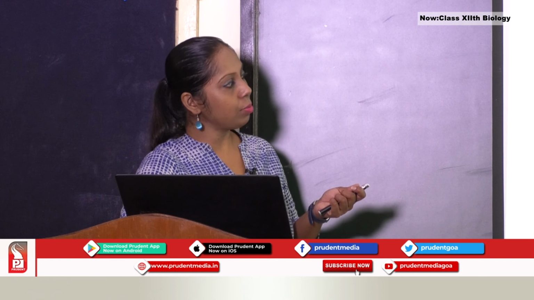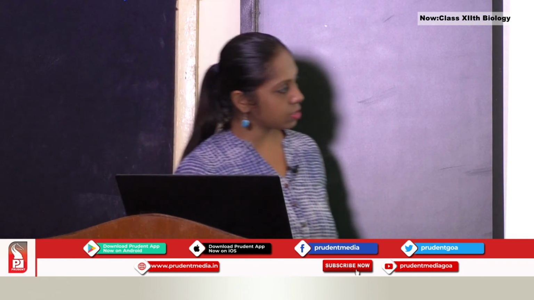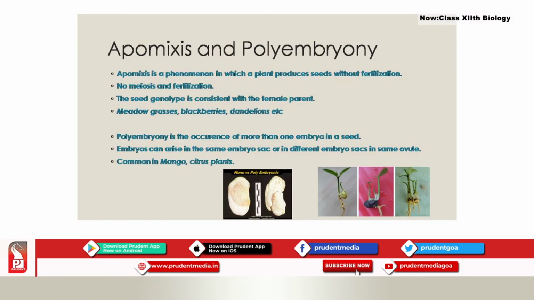And what is polyembryony? As you can see over here, this is a mango seed where you have a single embryo inside it, and here you have another mango seed which has 2 embryos inside it. So usually 1 seed, 1 embryo.